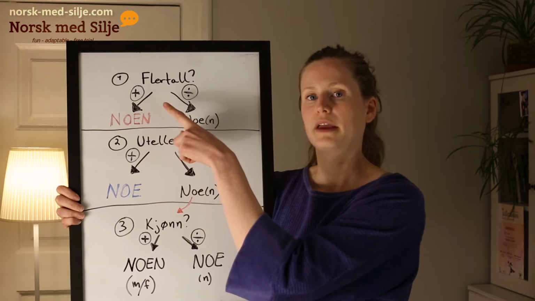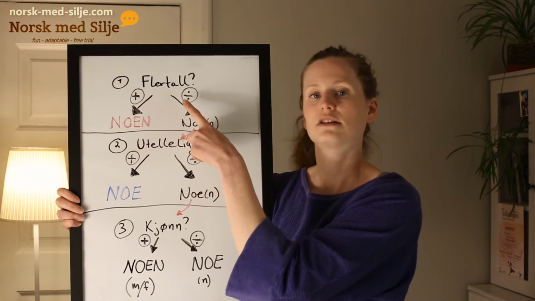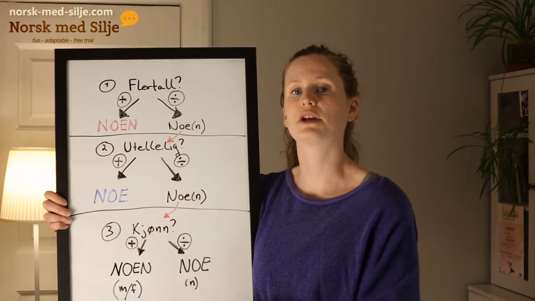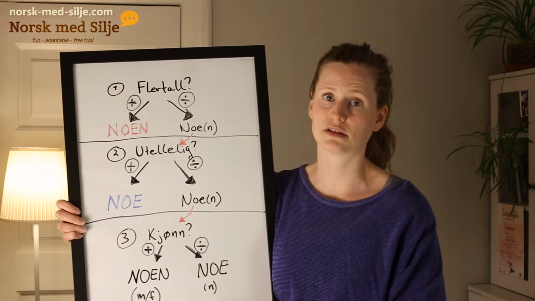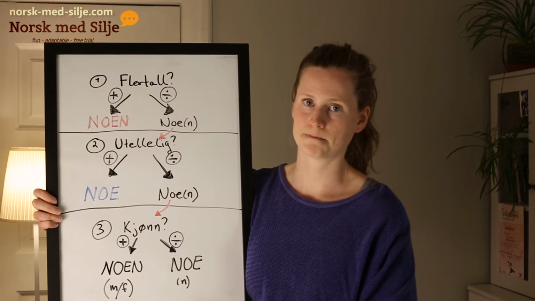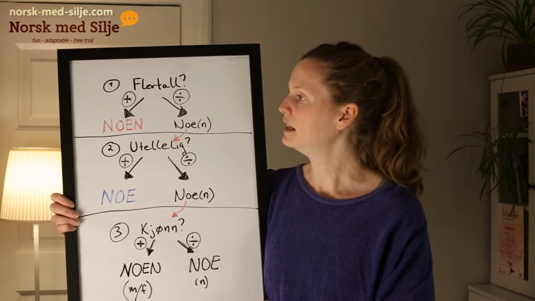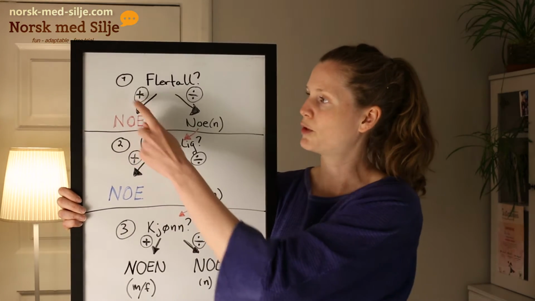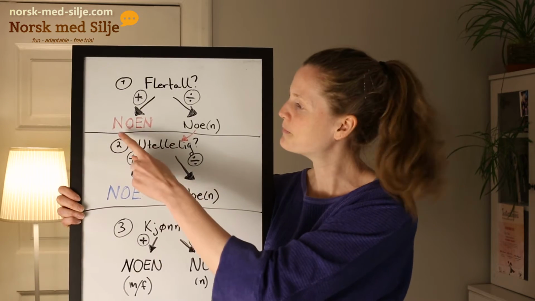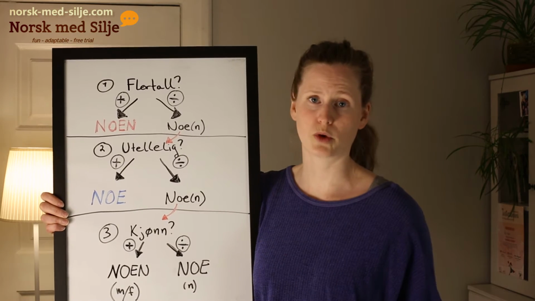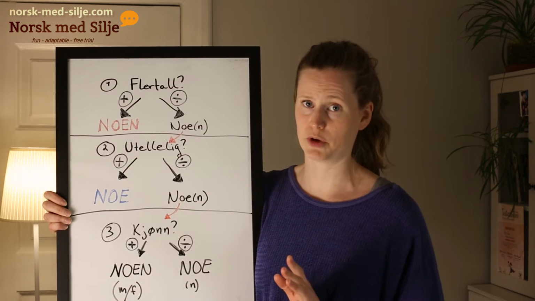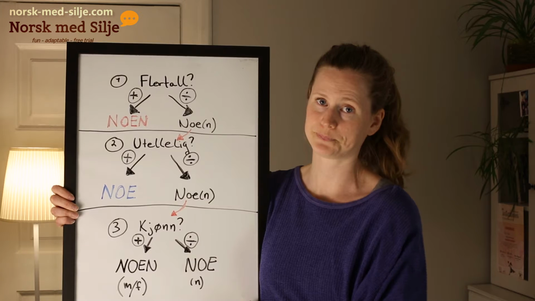Okay? So the first question to ask yourself is, am I describing flertall? So plural. Am I describing a plural noun? Okay, for instance, books. If the answer is yes, so the positive side here, then you should always choose noen. No matter what, no matter the gender, no matter what. It's always noen.